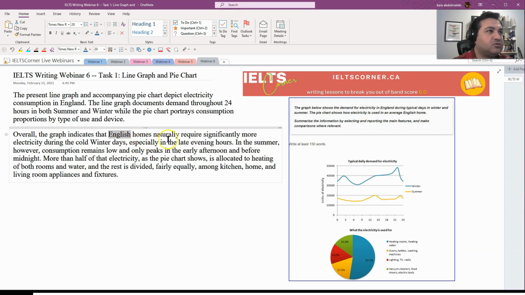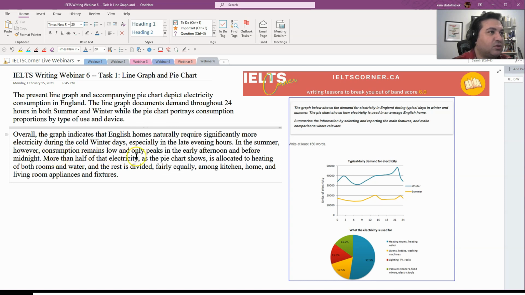So English homes naturally require significantly more electricity during the cold winter days, especially in the late evening hours. And we talked about that, especially in the late evening hours, is this part here. In the summer, however, so that's for cohesion, we're connecting our sentences together.